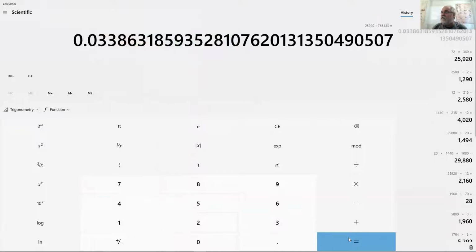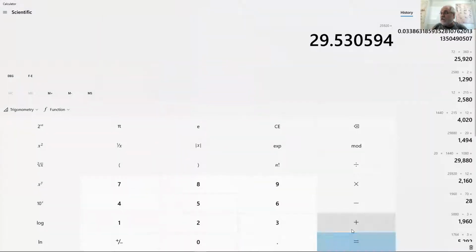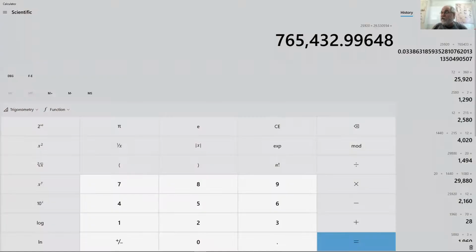I'm doing it backwards. I always do this backwards. So this many months, I'd have to multiply by 29.530594. That's how long they knew the month was. And they knew that this was almost exactly 765,432 days.